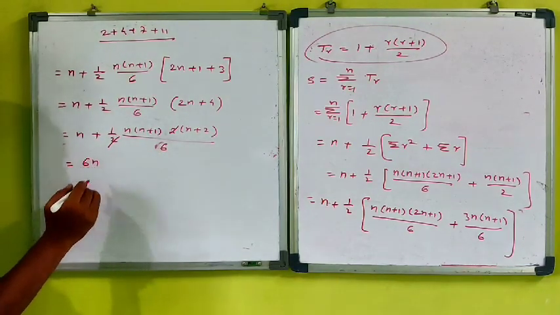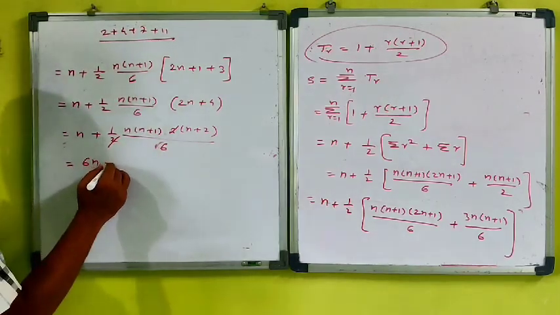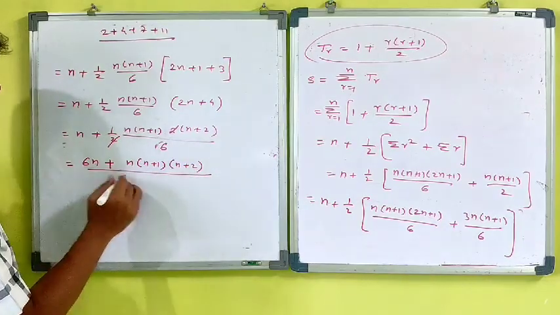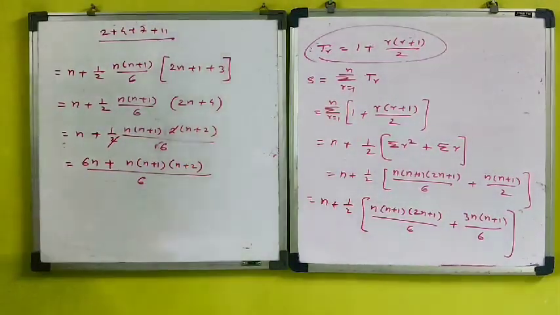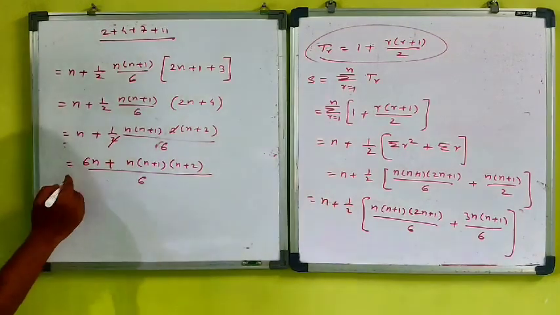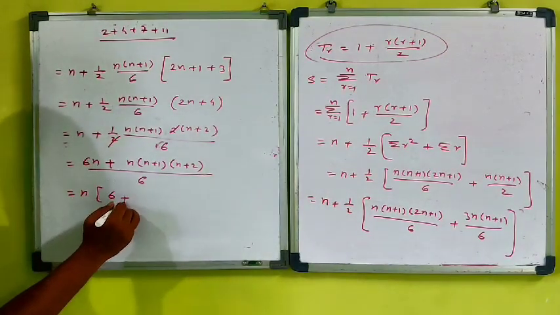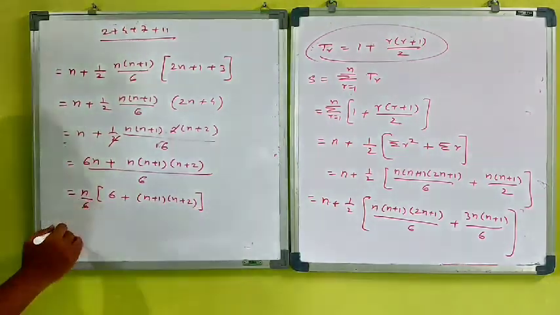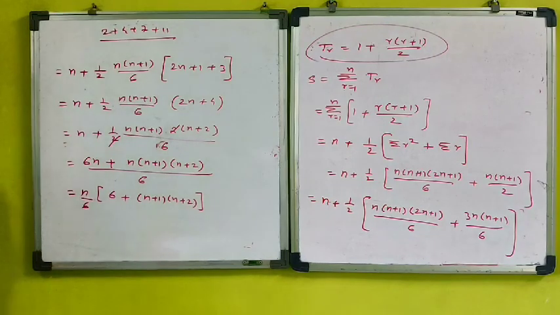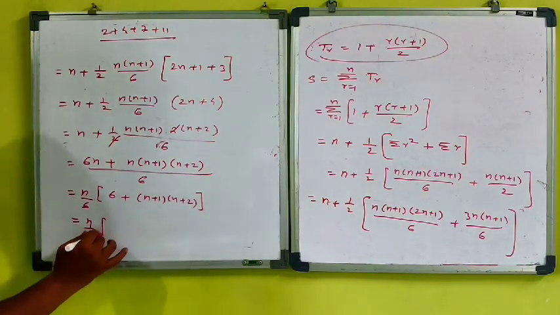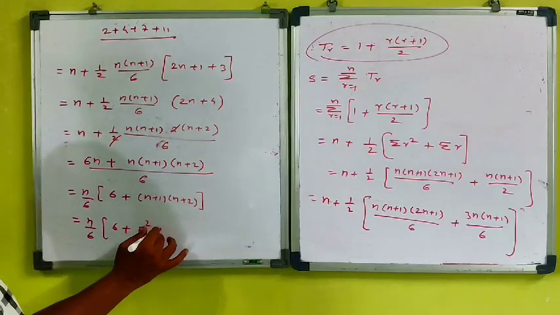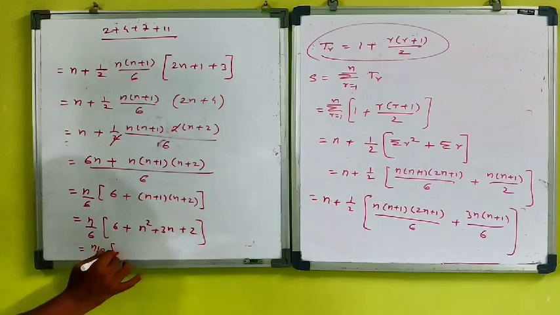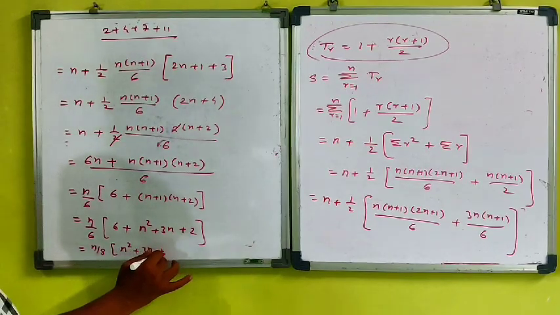So this becomes 6n plus n plus 1, n plus 2 upon 6. Now n by 6 is common, so take n by 6 outside. So now it is n by 6 into 6 plus n square plus 3n plus 2, which is nothing but n by 6 into n square plus 3n plus 8.